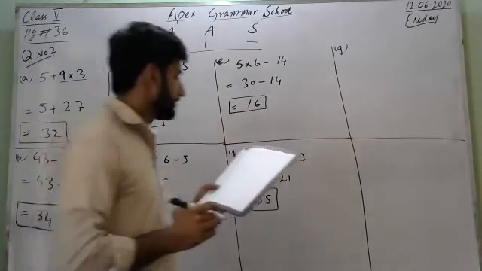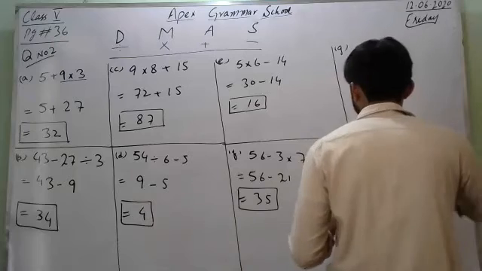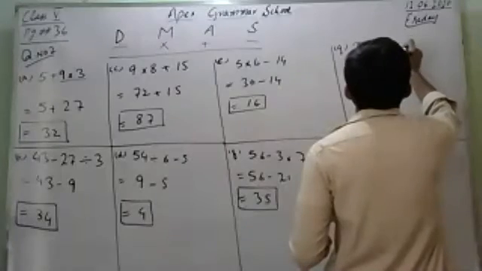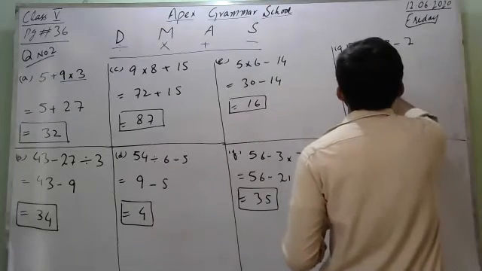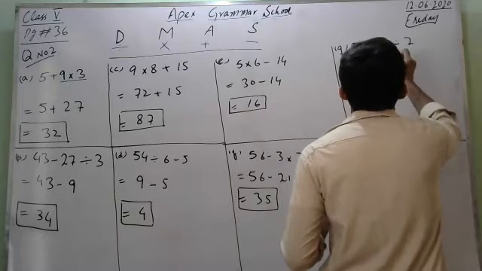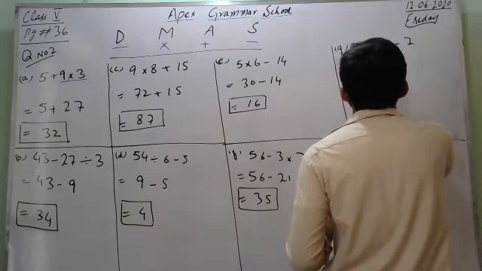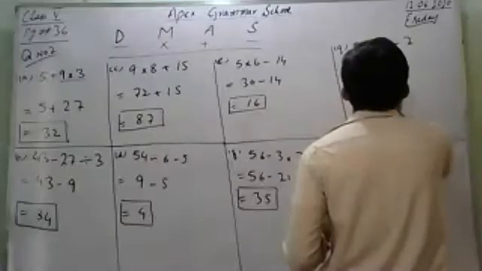G part of this question is 23 plus 63 divided by 7. Addition as it is because the division is first. 63 divided by 7, answer is 9. Now 23 plus 9, answer is 32.